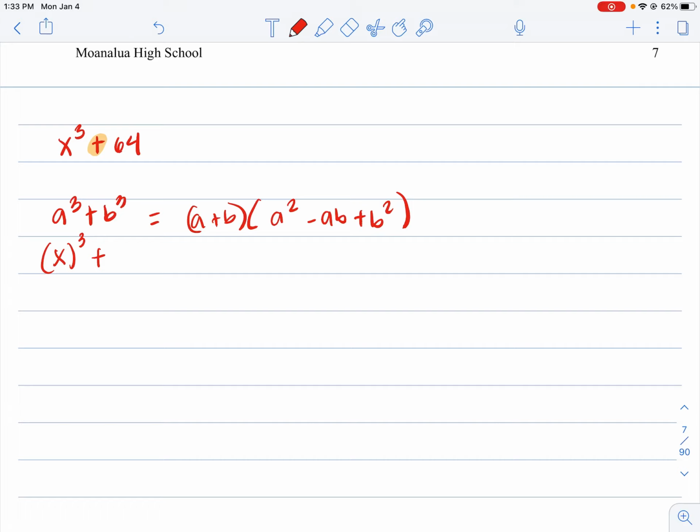It's not going to be 8, because 8 would be the square root of 64. We're looking for a number that when we multiply it by itself 3 times gives 64. And that number would be 4, because 4 times 4 times 4 is 64.